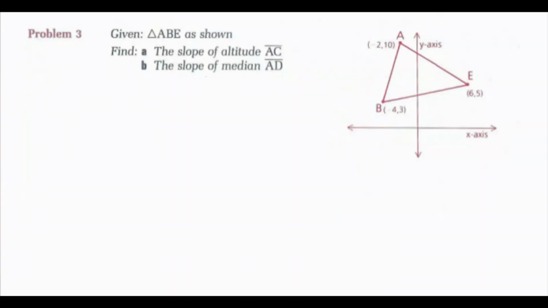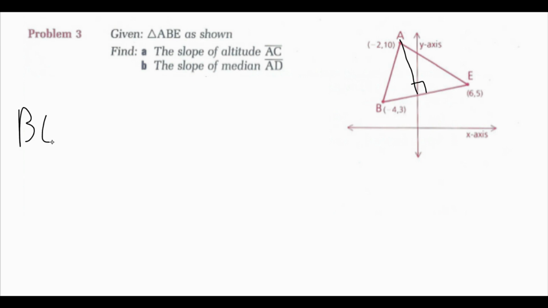Looking at problem 3, we're given triangle ABE is shown. I want to find the slope of altitude AC and the slope of median AD. Now first, if I want to find the slope of altitude AC, I would drop an altitude from vertex A. That would be perpendicular to line BE. So if I find the opposite reciprocal slope of line BE, that would give me the slope of the altitude AC.